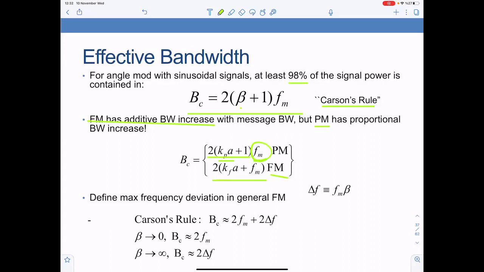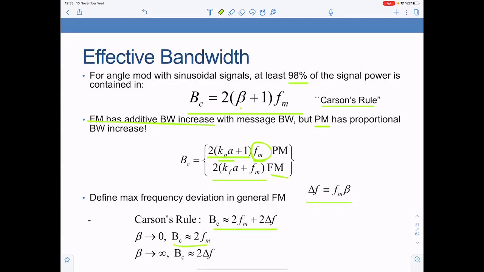Okay, so to finish today, note a few more things, a few more definitions. Remember, delta f is fm times beta. So we can also express the effective bandwidth as twice fm plus twice delta f. And when beta goes to 0, delta f goes to 0.